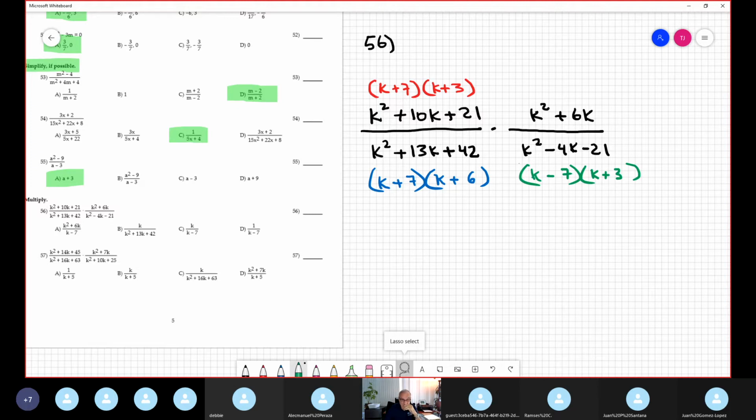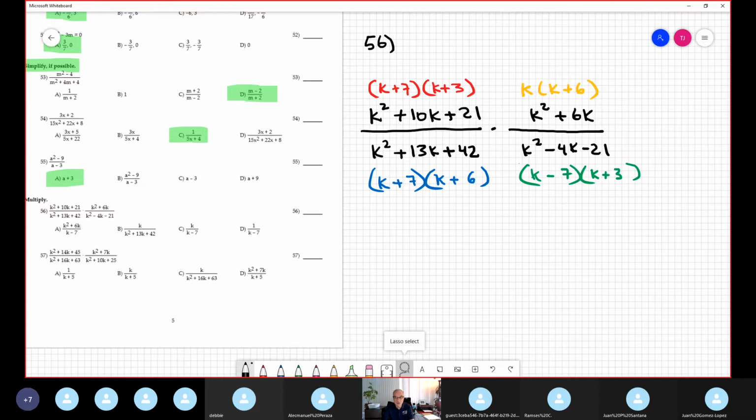And the last one is super easy because it's a binomial. It's not a difference of squares because 6 is not a perfect square. The only possibility is a common factor, the GCF. The GCF is k, and we have k plus 6. And that's it.